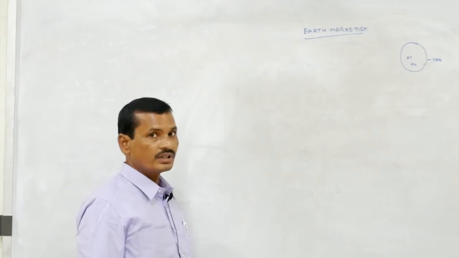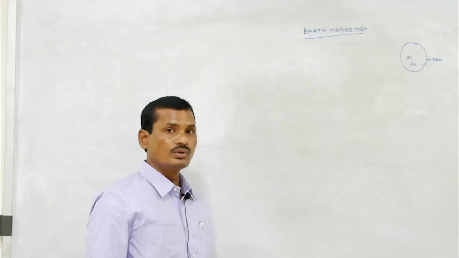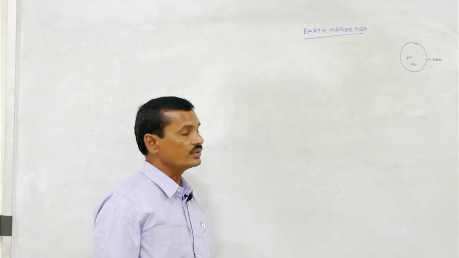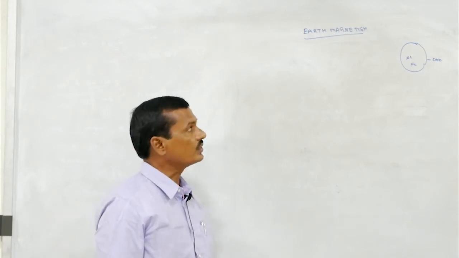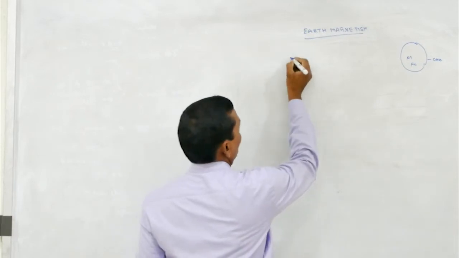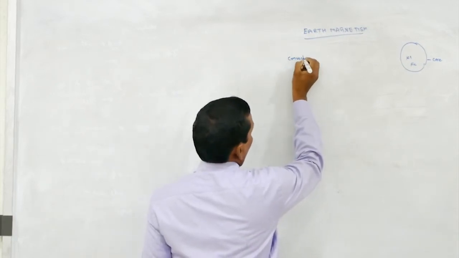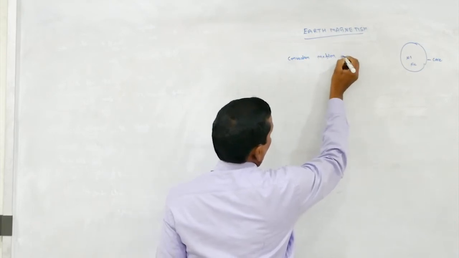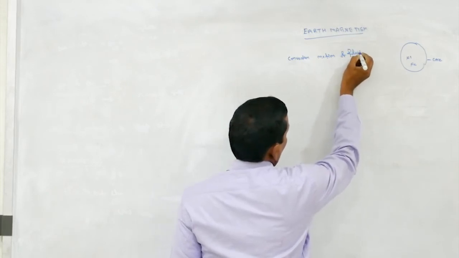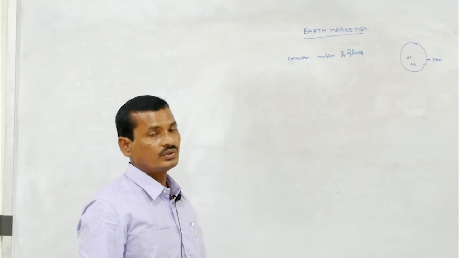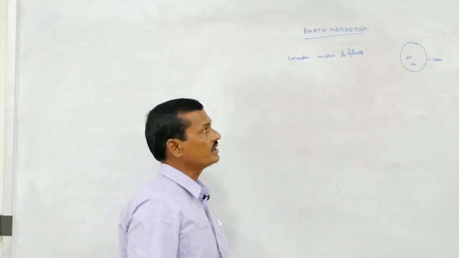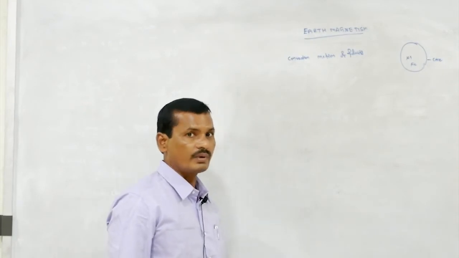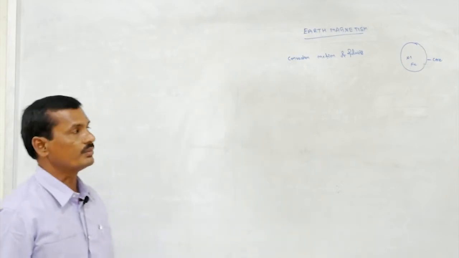Therefore, the molten fluids also move while the earth rotates. Due to convection motion of fluids of nickel and iron, the earth acts as a huge magnet.